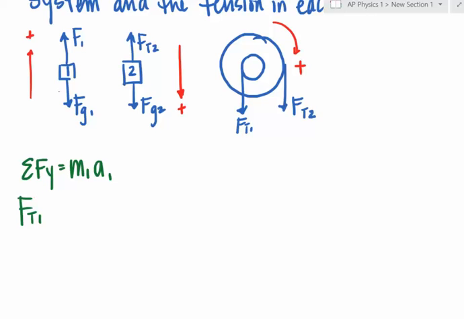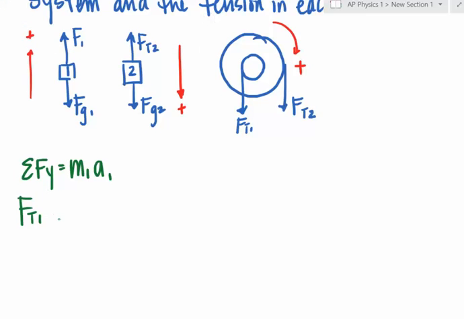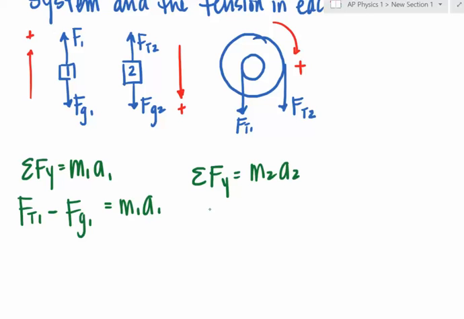All right, so then let's go back to summing forces now that we know which way is up. So minus FG1 is equal to M1A1. Doing the same thing for block 2. So then FG2 minus FT2 would be equal to M2A2. And for our torques, I'm just going to come right down here.